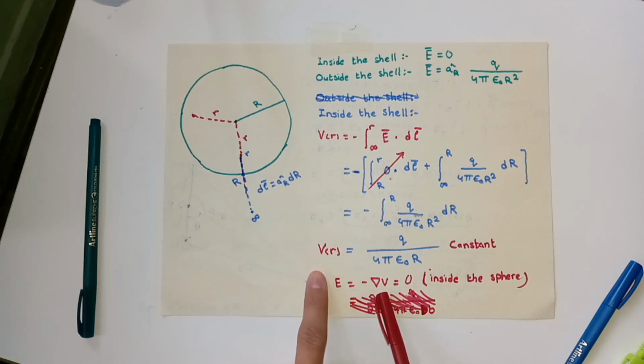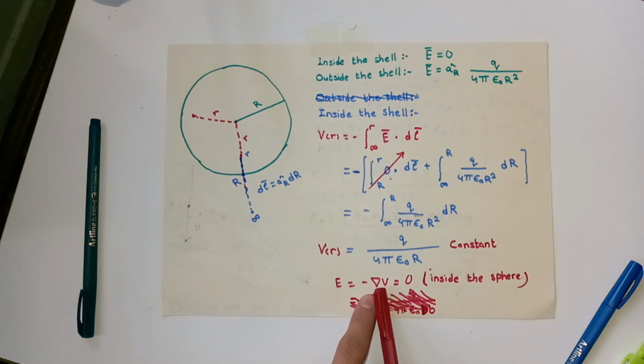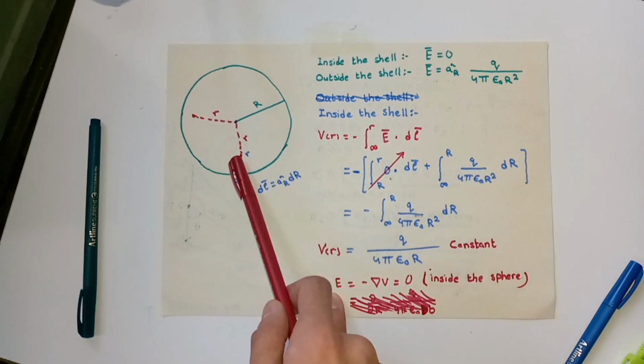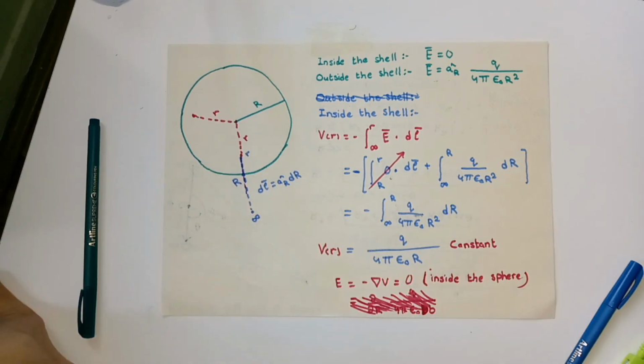And as we know, the gradient operation is nothing but the spatial derivatives, and the spatial derivative of some constant is equal to 0. So due to this, we don't have an electric field inside the shell, and according to this, we can build a new deduction that the absence of the electric field does not necessarily mean the absence of the potential. And that's the end of our video for today. See you.